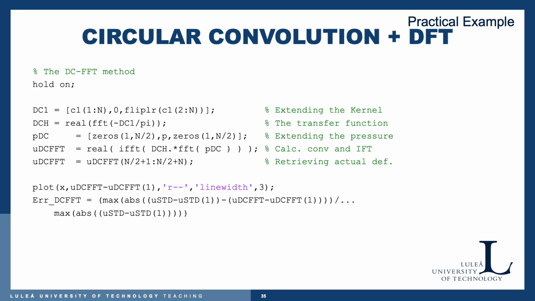Then, okay, this was not really the scaled version, so we need to multiply by minus 1 over pi, and then we FFT, and we take only the real part, and then we get the transfer function DCH. We define the extended pressure very conveniently by just setting a vector of zeros of length n half in the beginning and the end of the P that we already had defined, which is also in this particular case exactly the Hertzian pressure.